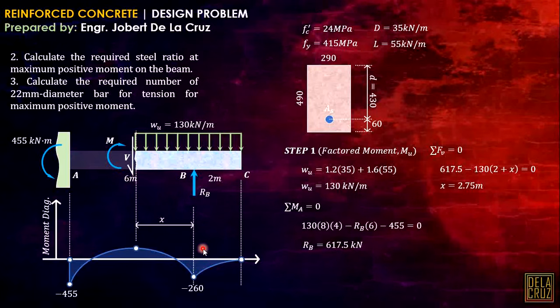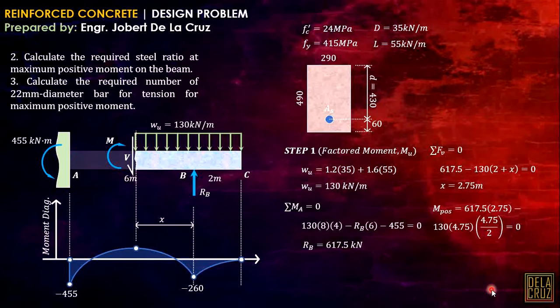That will be the positive moment is 617.5 times x, 2.75, then minus the moment created by this uniformly distributed load at this section. I hope you can follow that. 130, this distance here is 2 plus 2.75 or 4.75 times the moment arm equals 0.